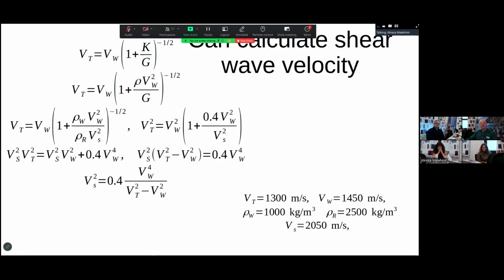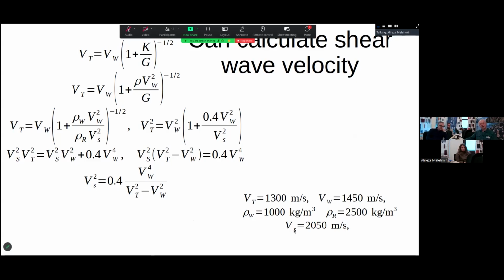If we calculate the shear wave velocity of the surrounding rock using our formula for the tube wave velocity, we can back out what the shear wave velocity should be. We calculate the shear modulus, and we get this formula here for the shear wave velocity, assuming that we have this density ratio here.